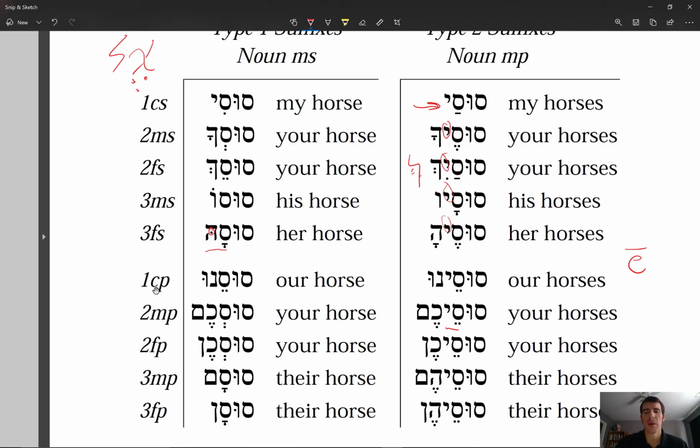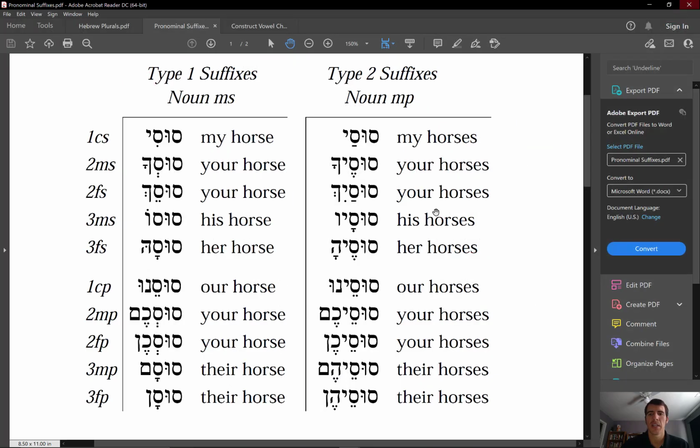Now, the thing to remember here is that when we're dealing with these words, the pronominal suffix form, the suffix is added onto the construct form. So we'll talk more about the construct in a moment, but that's why technically this is susim, or it's supposed to be on this side, but the final mem drops off, and that's why you have that issue.